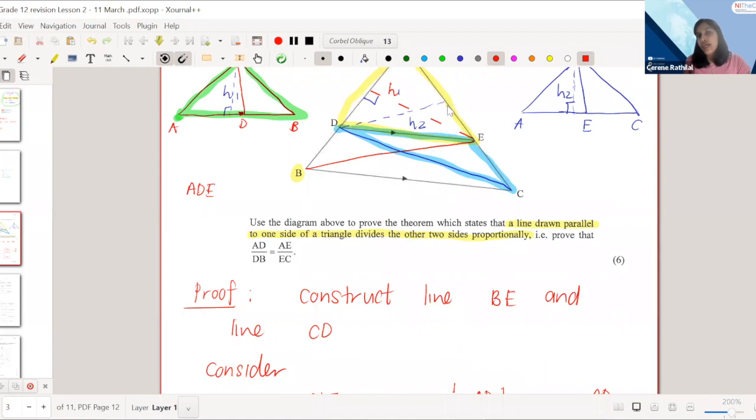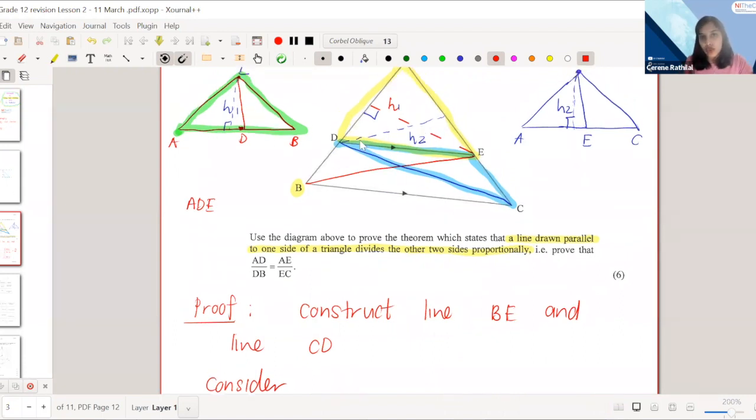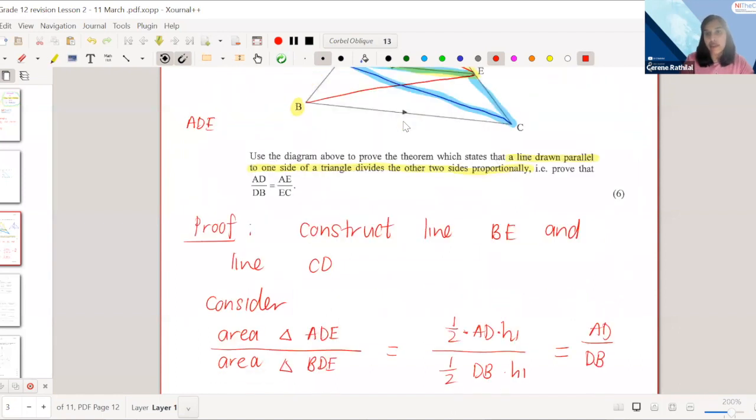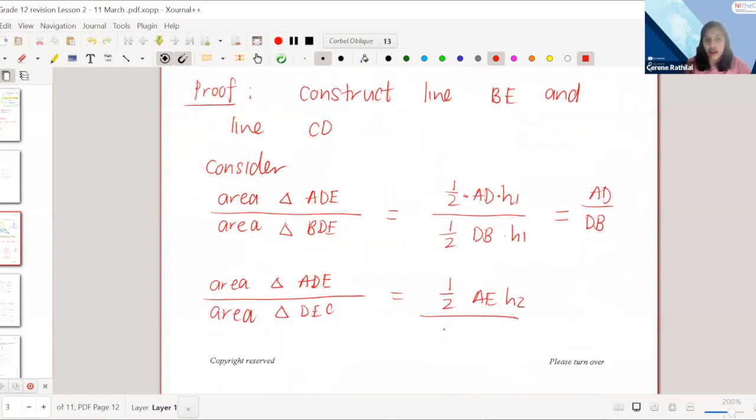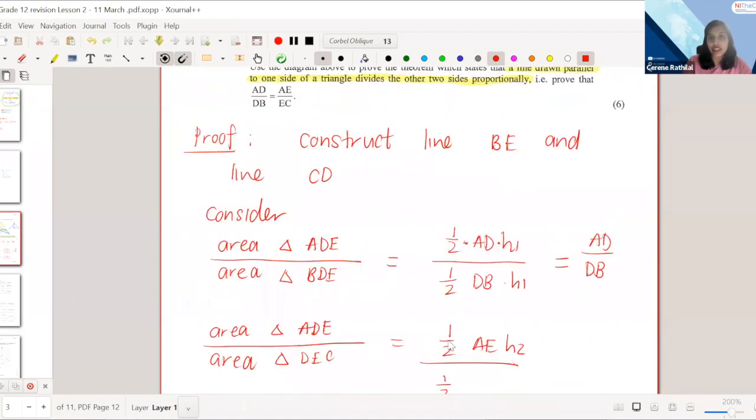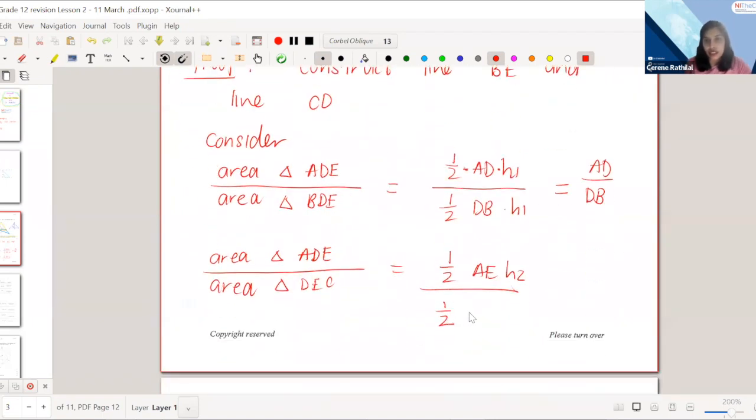So perhaps my diagram is not lending towards you seeing that H2 is once again the height, but I'm going to explain that very shortly. So it's a half times the base, which is EC, or we can call it CE, times H2. And here we observe that we get AE equals to EC. So up to this point of that proof, have we followed?